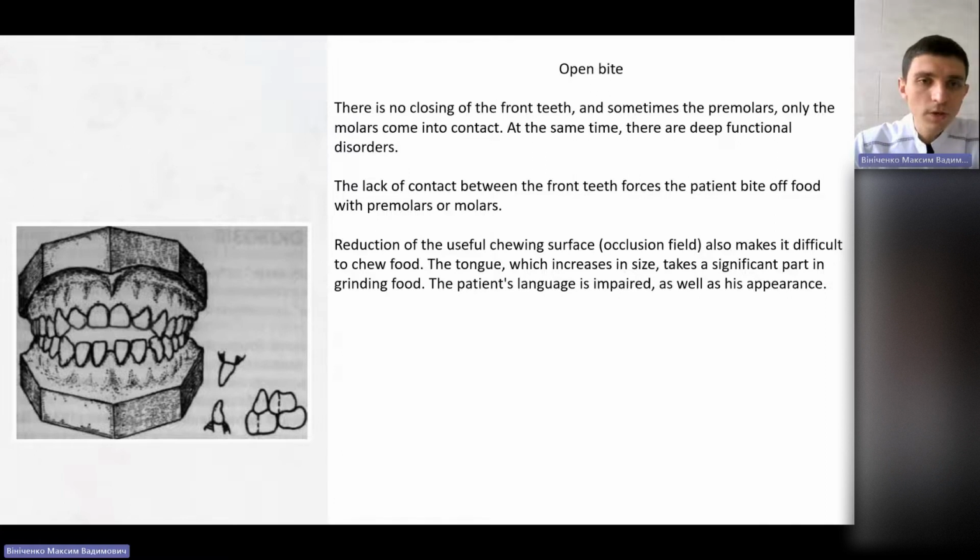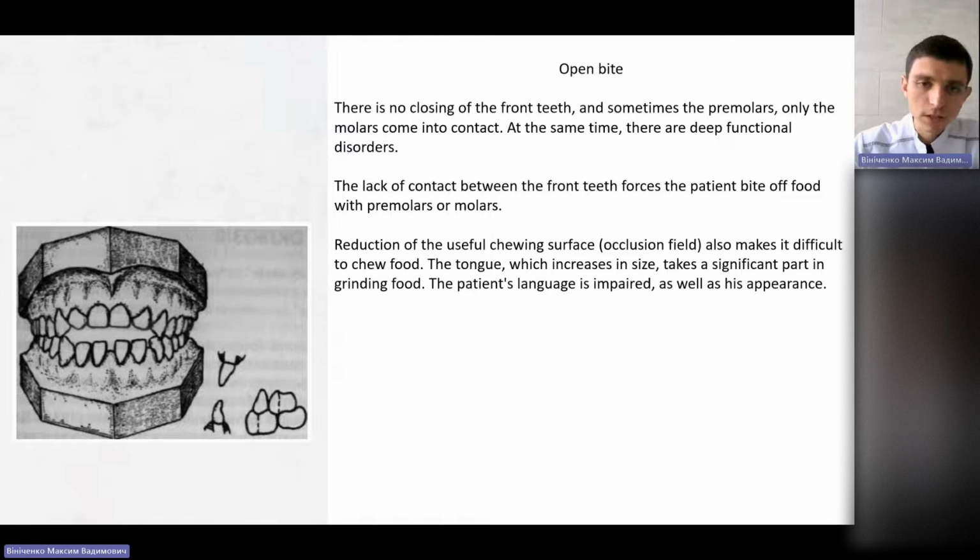In the first type of the open bite, we can see that the disocclusion is in the area of the first or second premolars. That is the first type. In the second type, the disocclusion could be in the area of the second premolars or even in the area of the canines.